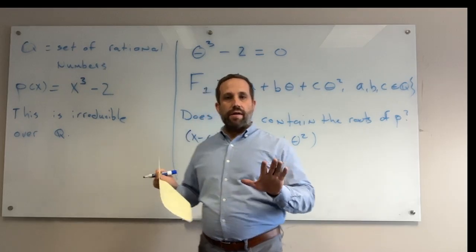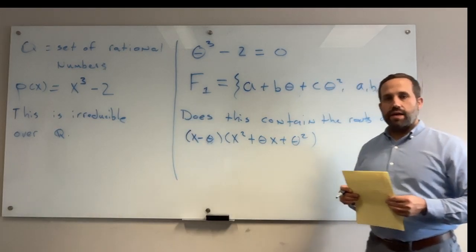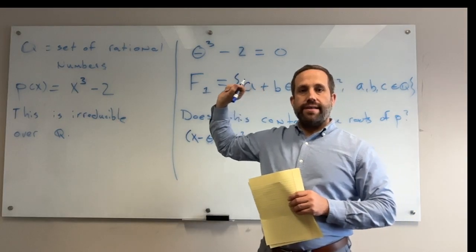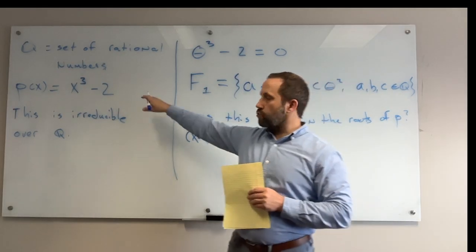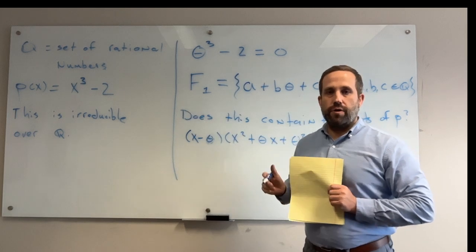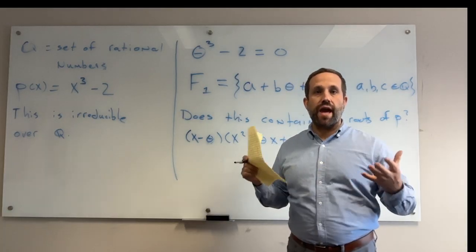Okay, so now we have something similar but a little more abstract. We have x cubed minus 2. This is irreducible over Q. And so there is a generalization of this idea of conjugate roots. There are 3 different roots here for this irreducible polynomial. They're all indistinguishable over Q. In other words, Q can't tell them apart.